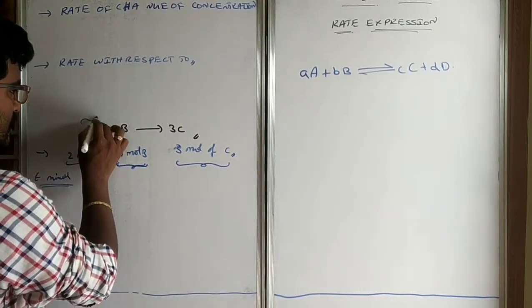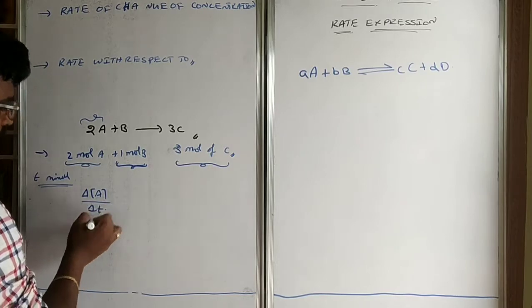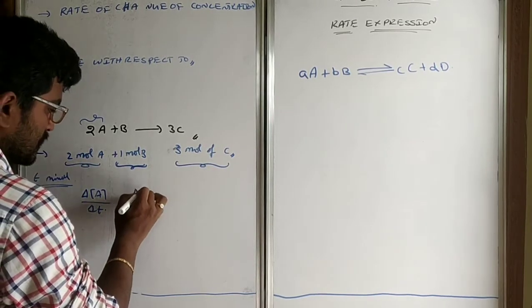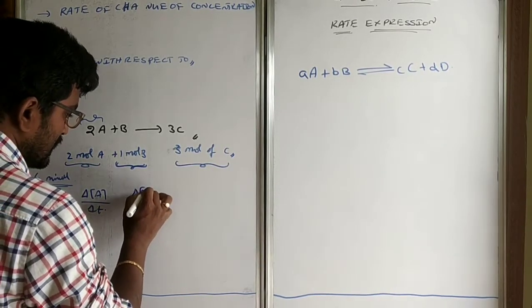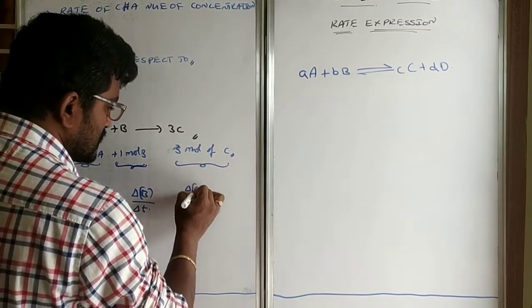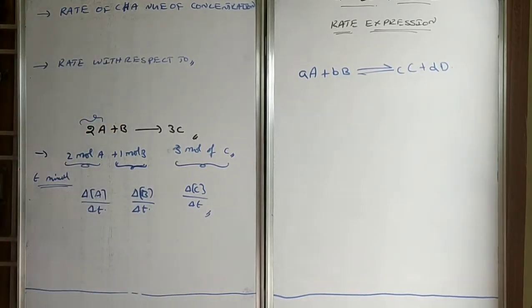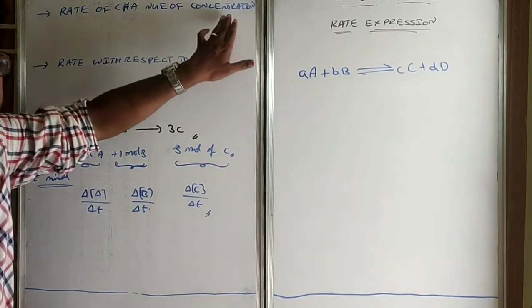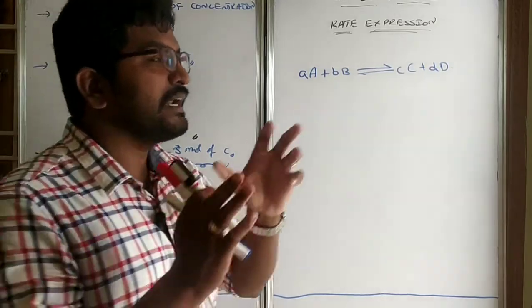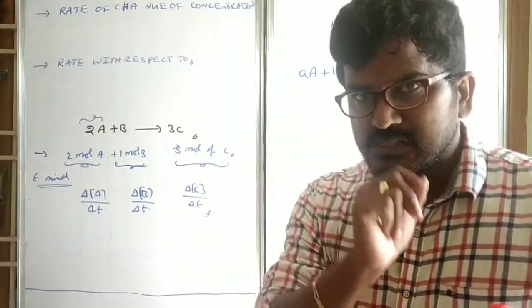Total change in concentration of A is delta A by delta t. Total change in concentration of B is delta B by delta t. Total change in concentration of C is delta C by delta t. Here you see the rate of change of concentration. The rate of change of concentration, or the change in concentration, is different.